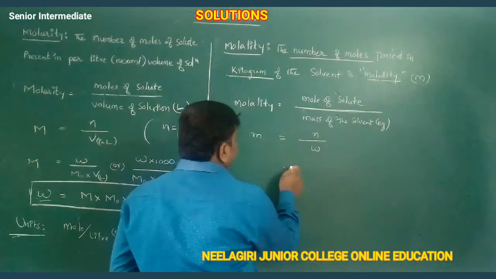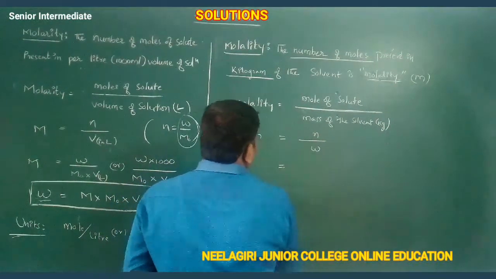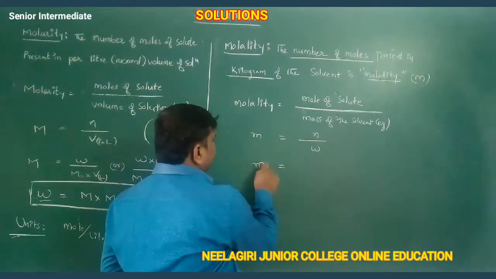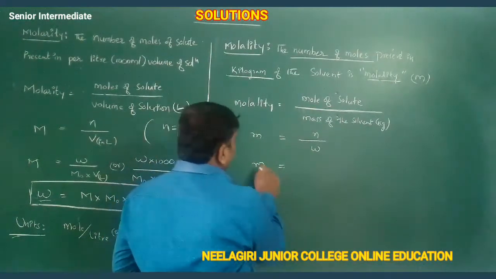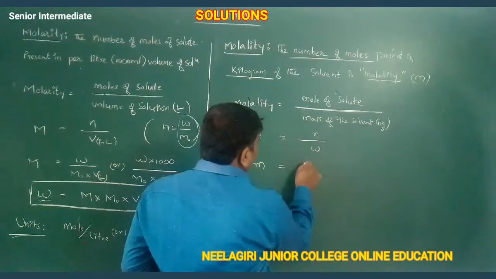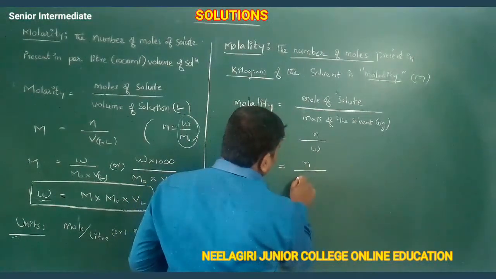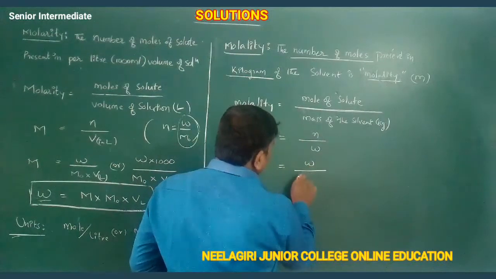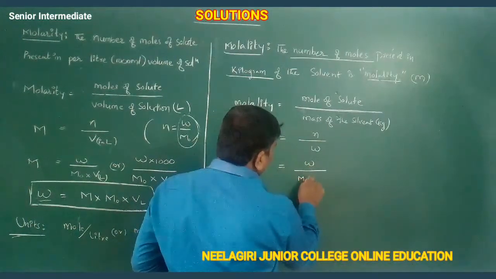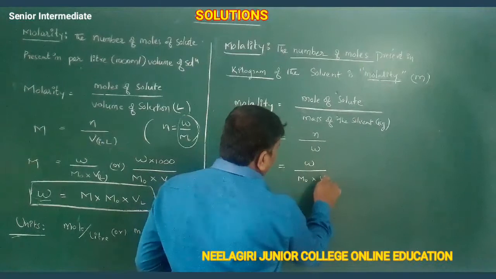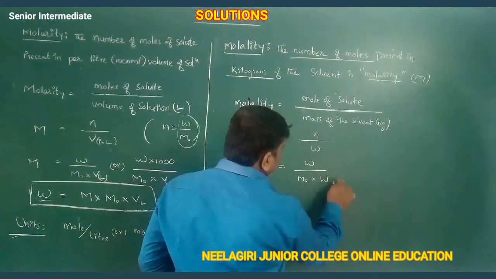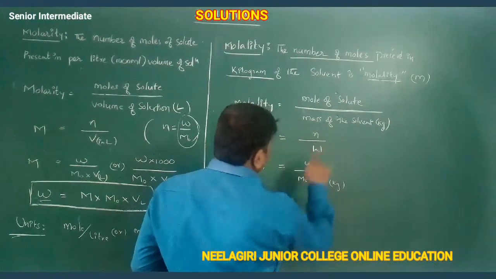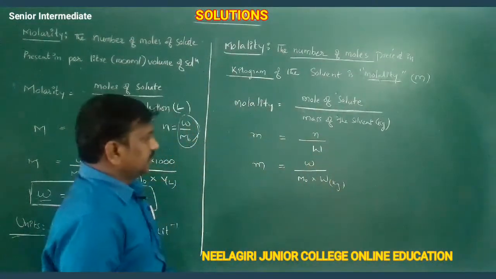Here m is equal to n by W, that is, W by M0 into weight in kg.